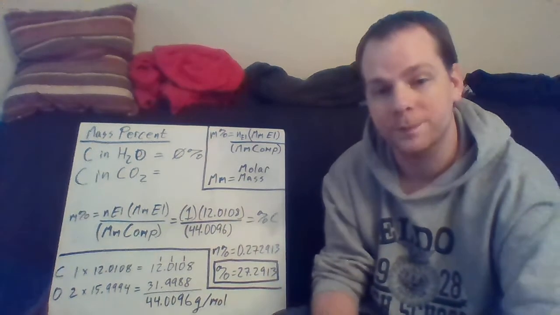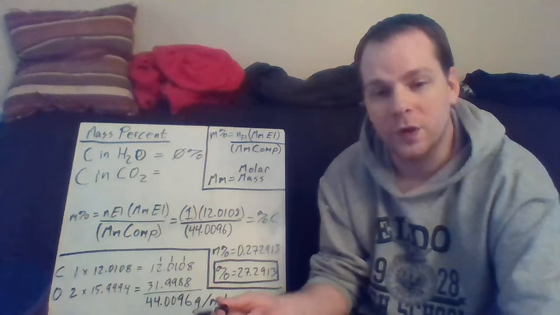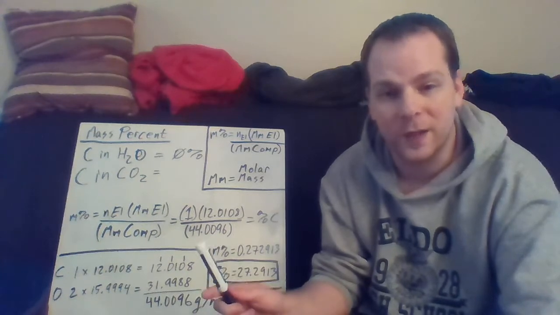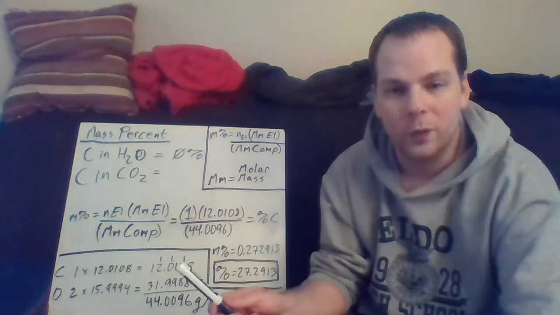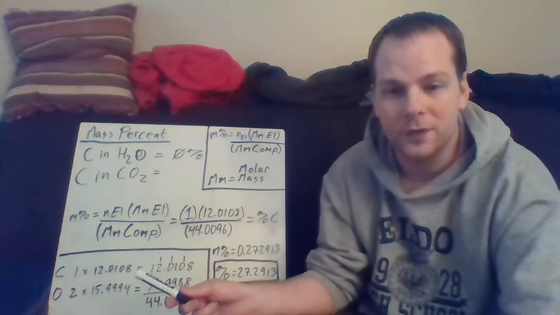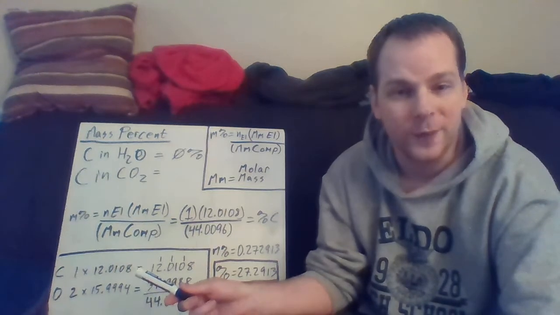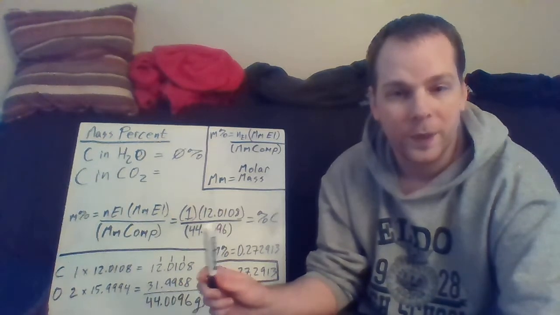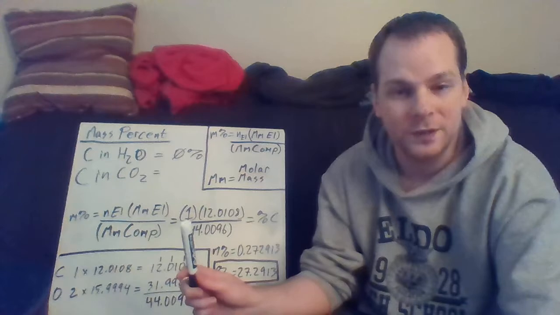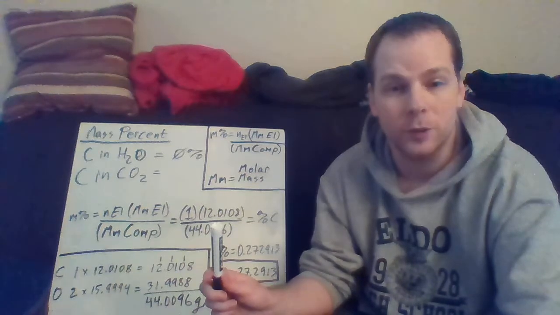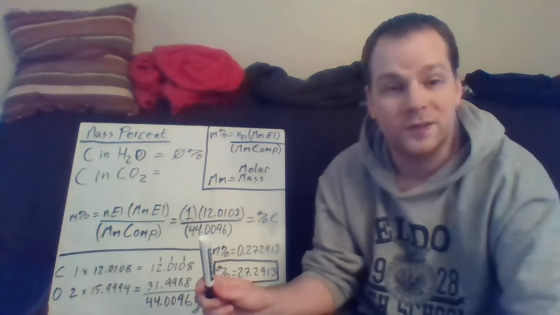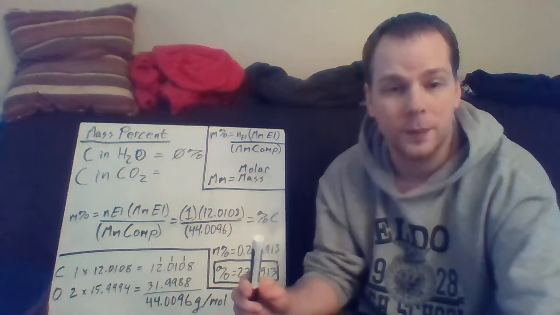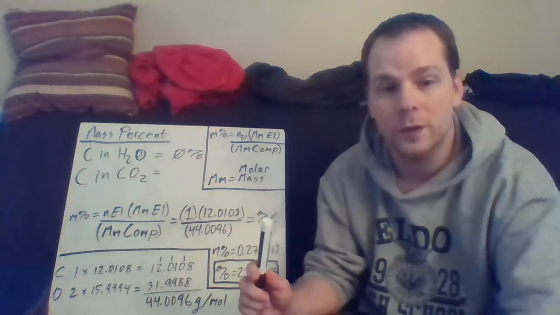Saves me a lot of trouble. So this is the molar mass of the compound, the denominator. And this is the molar mass of the element, which I have here. I have only 1 present, so 1 carbon times the molar mass of carbon divided by the molar mass of CO2 gives me the mass percent of carbon.